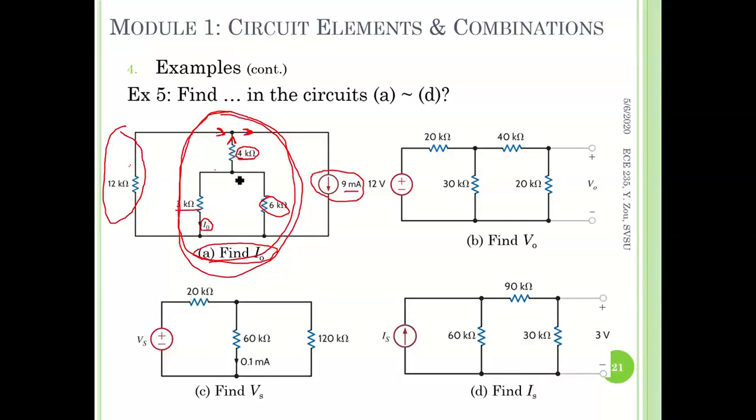Due to that, you can see the 4K current is actually the sum of the current through 3K and 6K, which is the second current divider here. And the 3K current, for the same reason, is upward. So is the current direction of 6K.